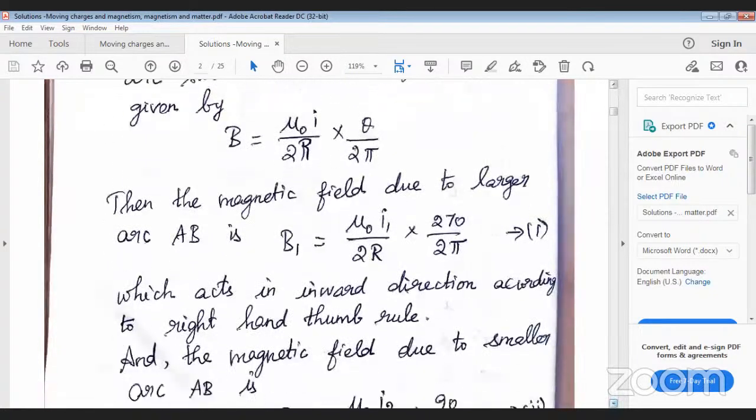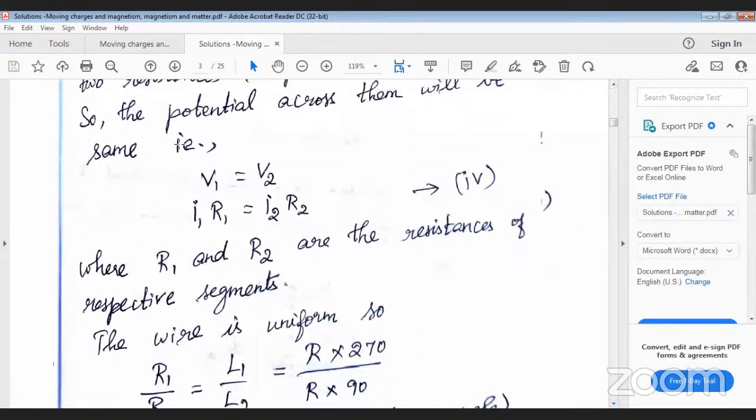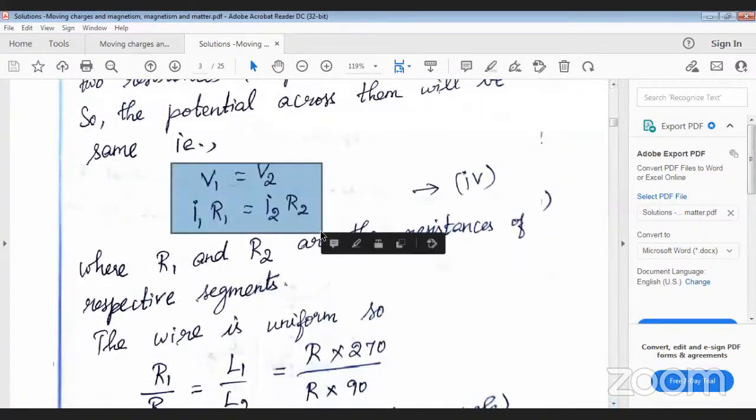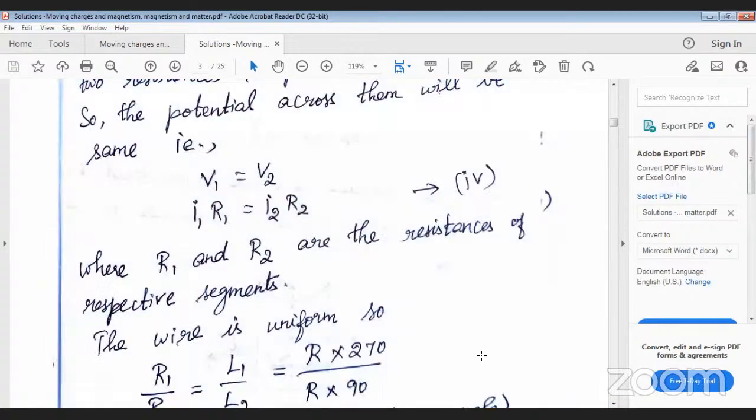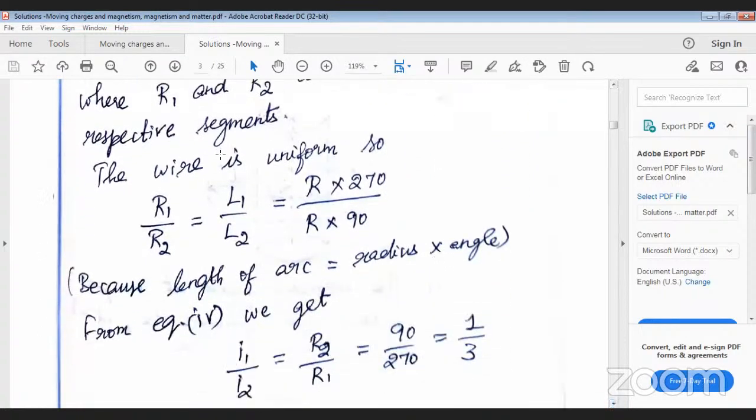In a parallel combination, the potential difference is the same. So I1 R1 equals I2 R2. That means the wire is a uniform one, so R1 by R2 equals L1 by L2.